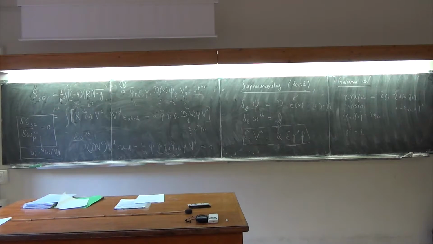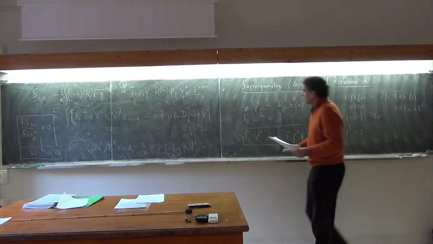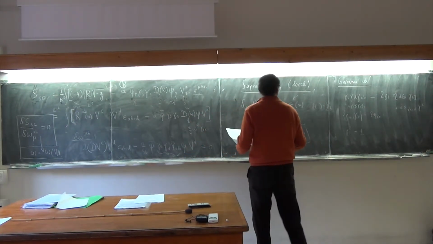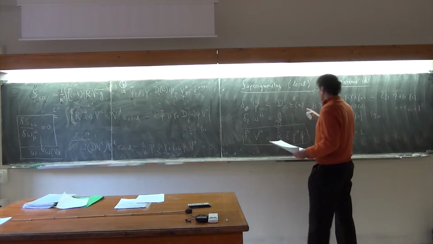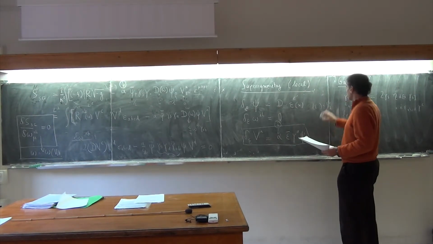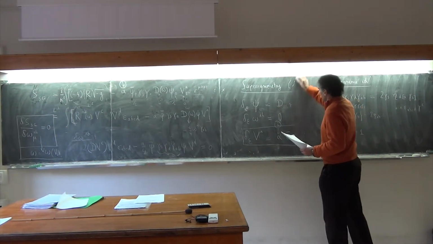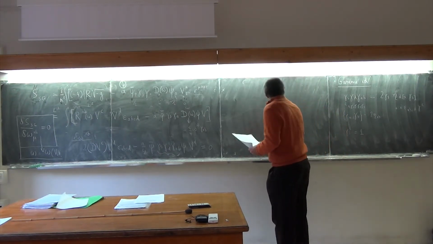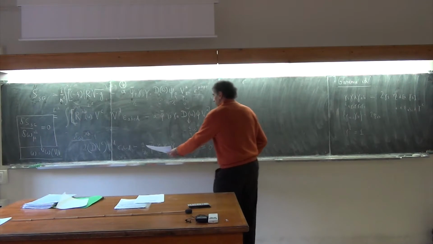So my normalization is gamma 5 squared equal to 1. Okay, this said, then we will remember the supersymmetry relations. They are very easy to remember, so I can cancel them. This said, I can substitute it here.